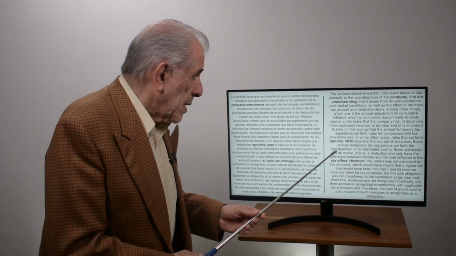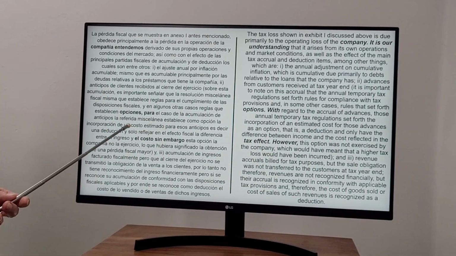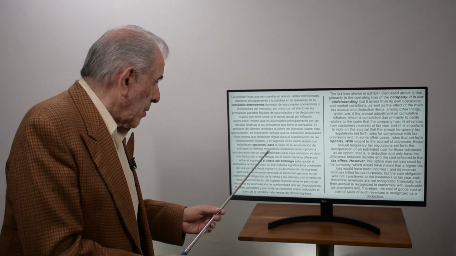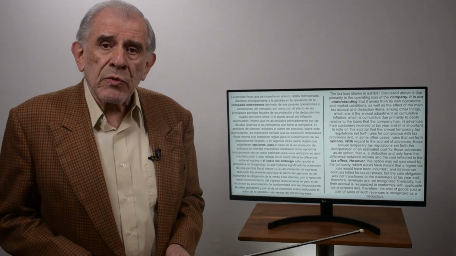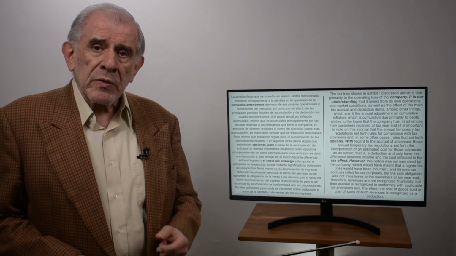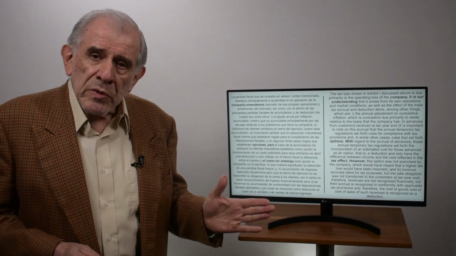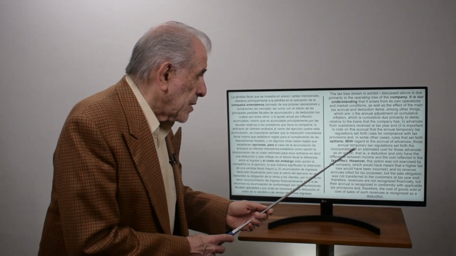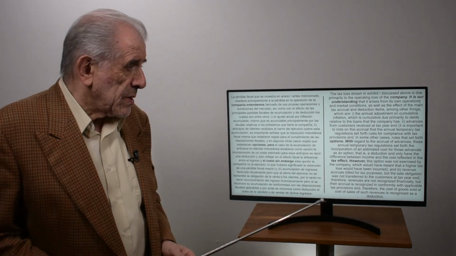We continue with regard to the accrual of advances, and then in Spanish we come to la referida miscelánea. Now, notice that miscelánea is all by itself, and the expression has three words. Resolución miscelánea fiscal. I cannot reduce that in any way in the translation process. I have to have the full expression, the annual temporary tax regulations.